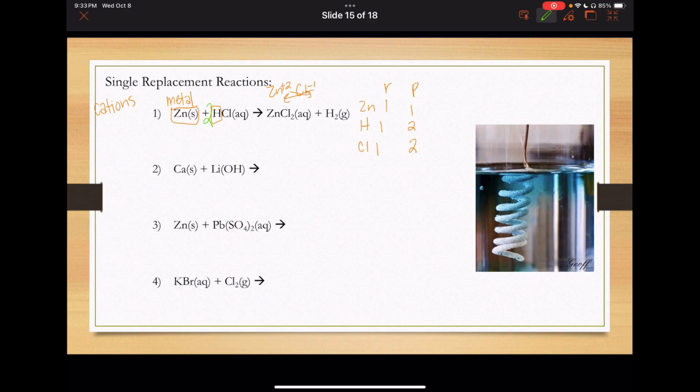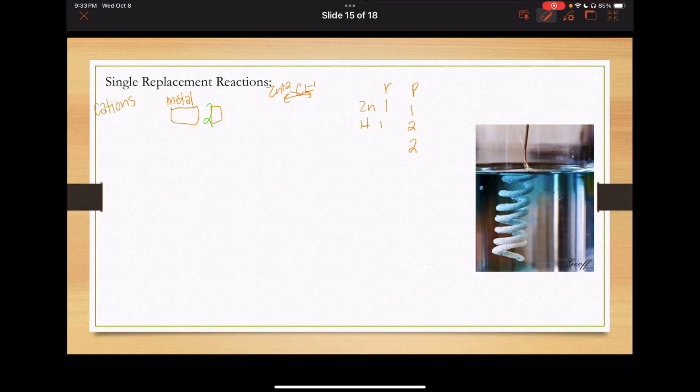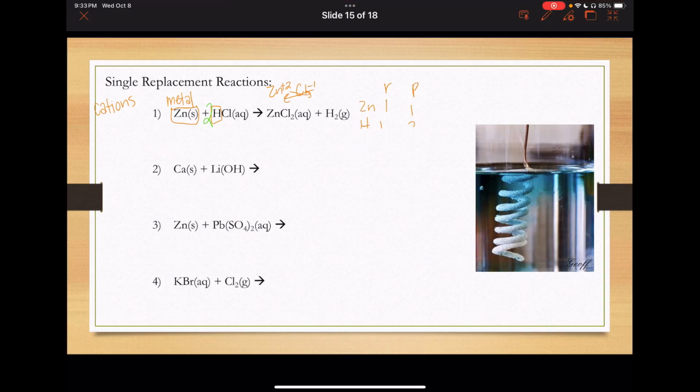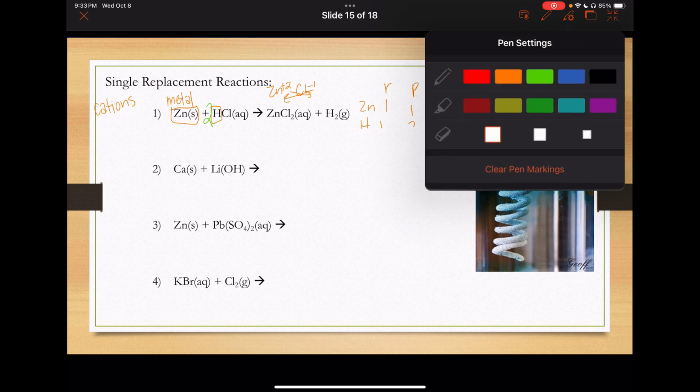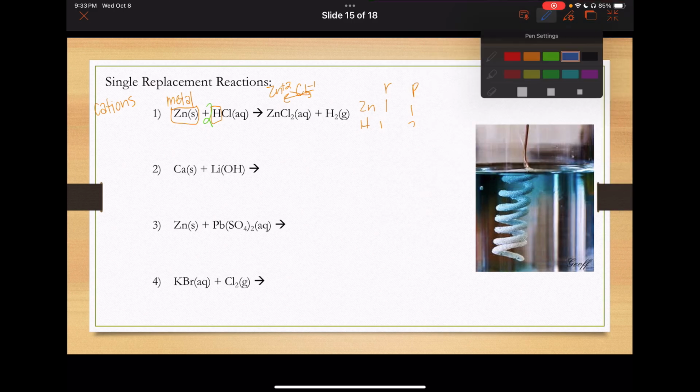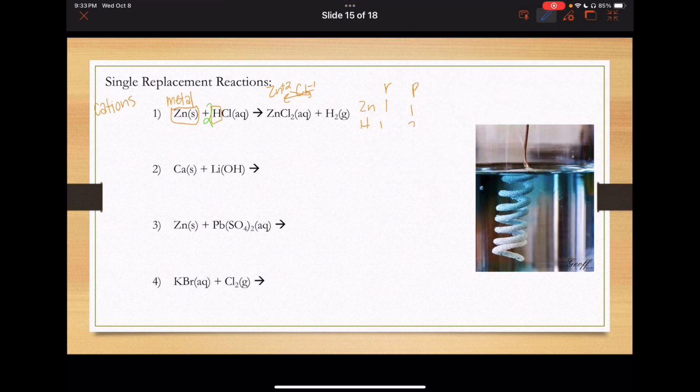Now looking at the next one. Here we have solid calcium reacting with lithium hydroxide. Again, the thing that's by itself, is calcium a metal or a nonmetal? It's a metal, so it's going to switch with the other metal or cation in this compound, which is lithium.